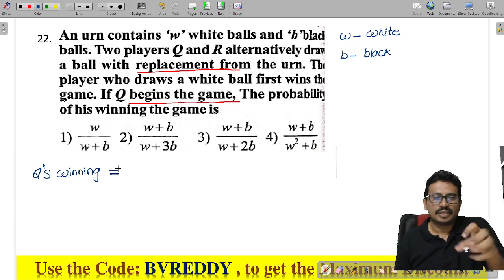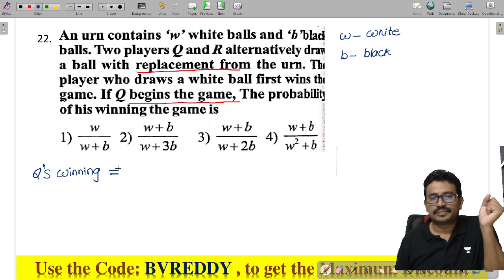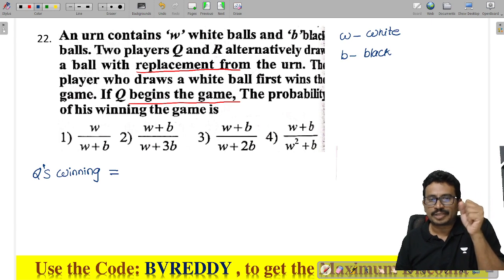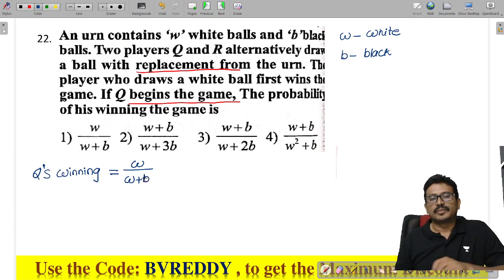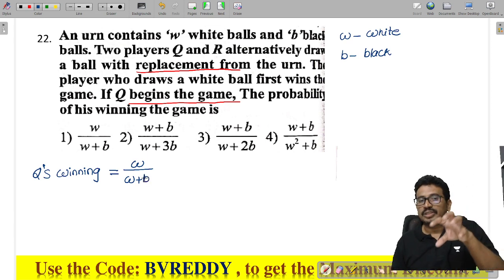Now here Q started. Q first has picked the ball, so the ball has to be white. What is the probability of getting a white ball? Which is given as W by W plus B. If Q got the white ball, fine, the game is over.